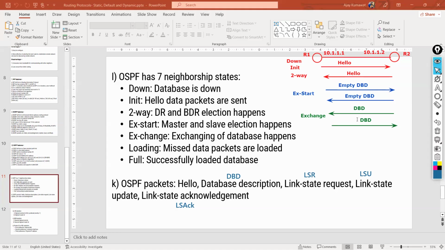So R1 is going to request R2 for more information. And for requesting, it will use LSR, link state request. So R1 is going to say, I need more information about one particular route. For this reason, it will use a message known as LSR.